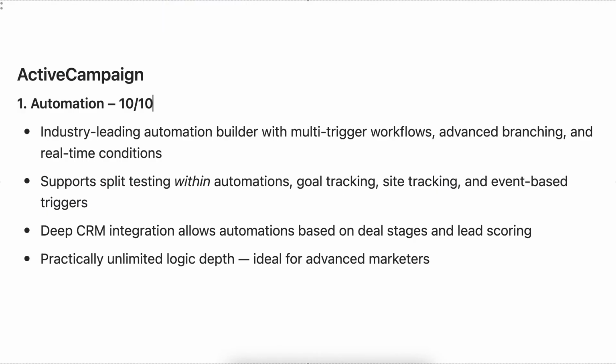So honestly, they have the most advanced, the highest level of the different automations that you will want to do. They have CRM integrations as well, for different deal stages, lead scoring, practically unlimited logic depth.